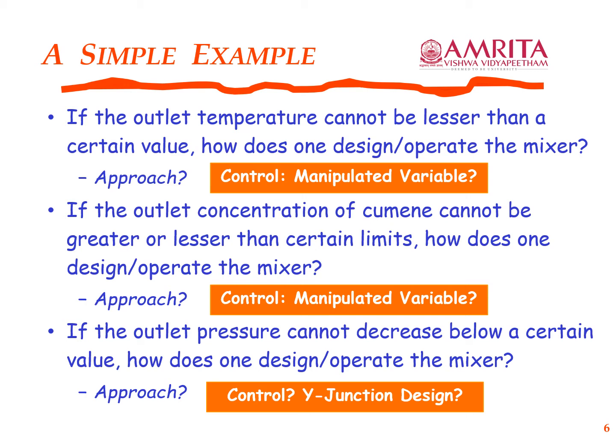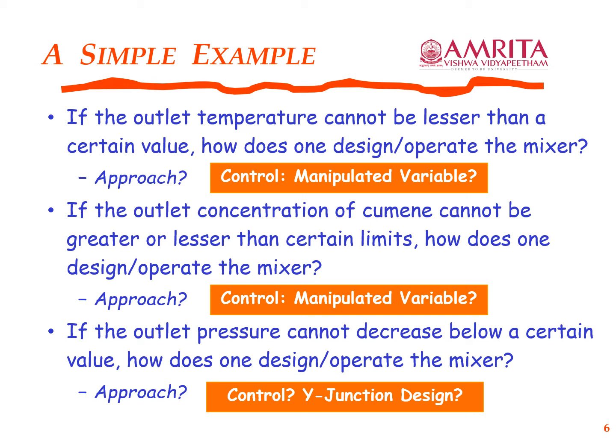I put a Y junction design and a question mark because this could mean a design variable constraint, meaning in your Y junction your angle should not be less than this or greater than this, and so on and so forth. So that is one way to look at this.